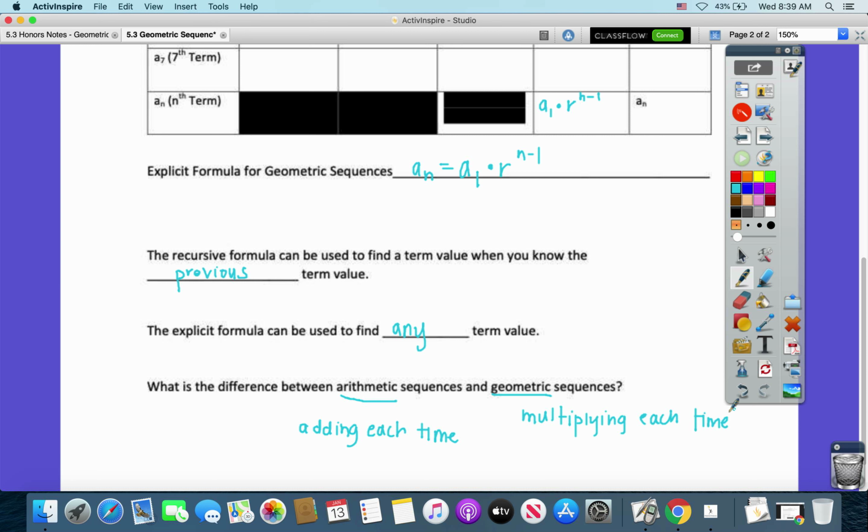So really the only difference that changes in our rules, this one shows we are adding the common difference, d, every time, and this one shows that we are multiplying by the common ratio, r, every single time.